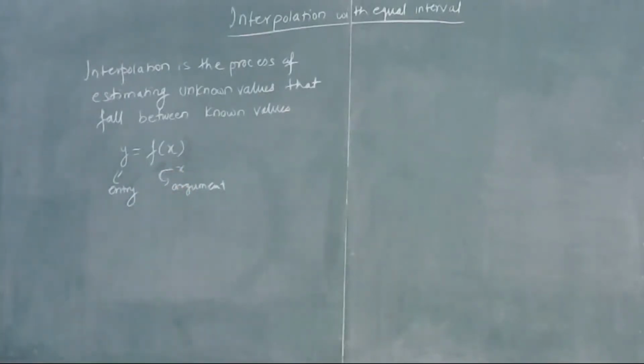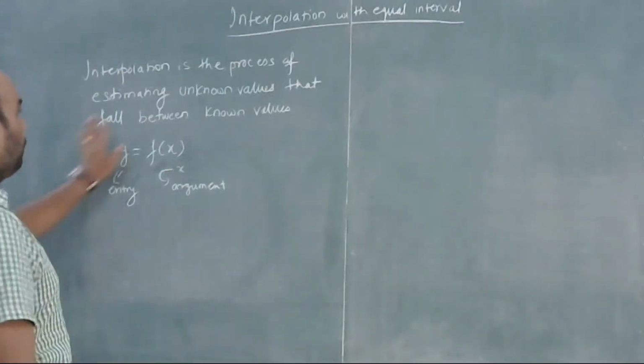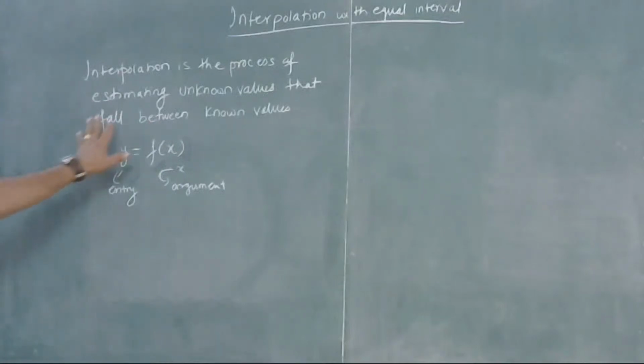So what we do is find the unknown value of y which falls between any two values. This is done with finite differences.